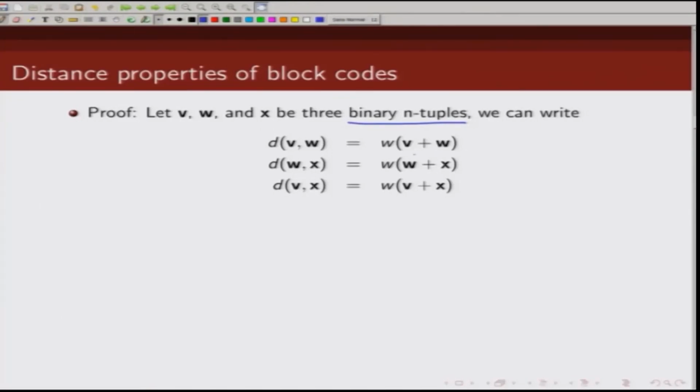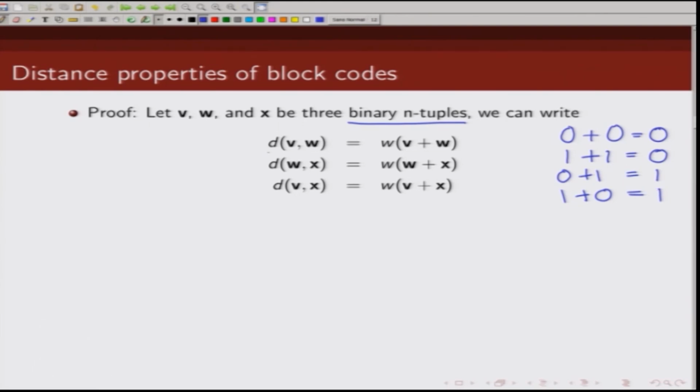We know for binary modulo 2 addition 0 plus 0 is going to be 0, 1 plus 1 is going to be 0, only when they are differing, 0 plus 1, in this case it is going to be 1, and if this is 1 and this is 0, in this case also it is going to be 1.